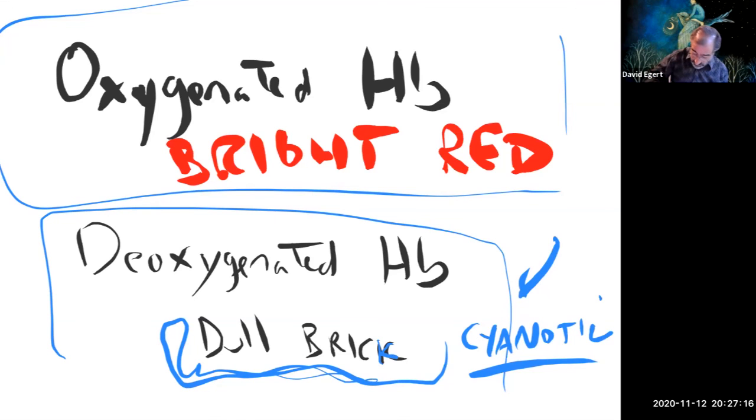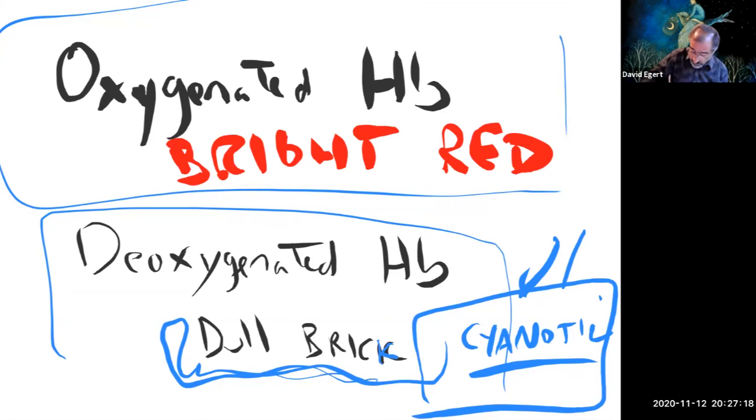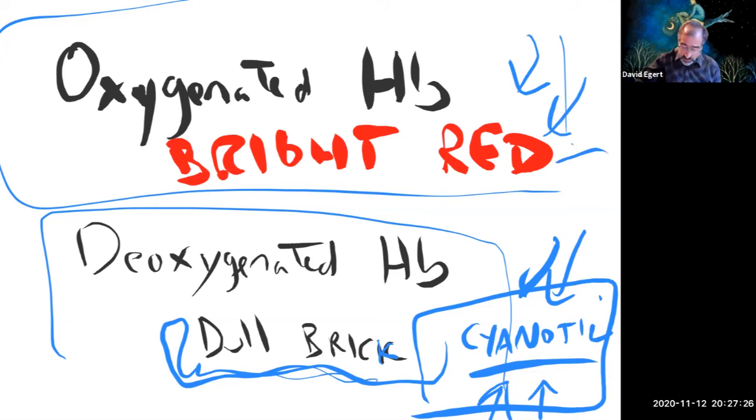But this is actually an important diagnostic, realizing that hemoglobin, when it's bound to oxygen, is bright red. And if somebody has diminished oxygen in their blood, they're going to look more pale or even bluish.